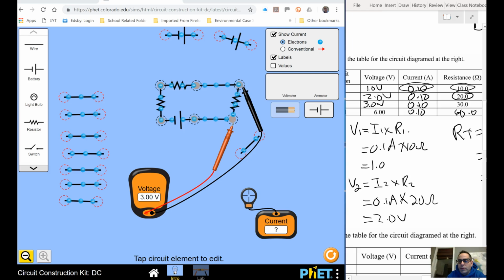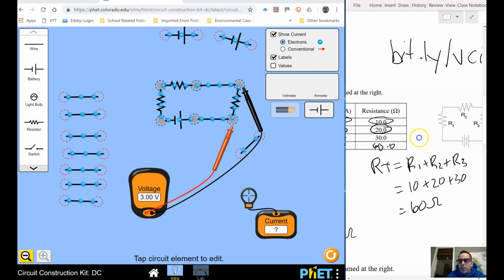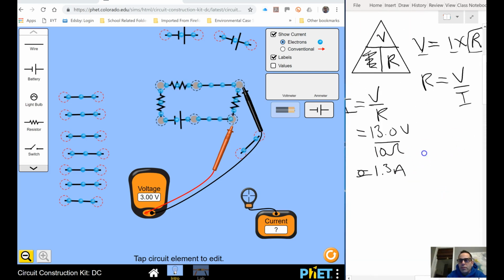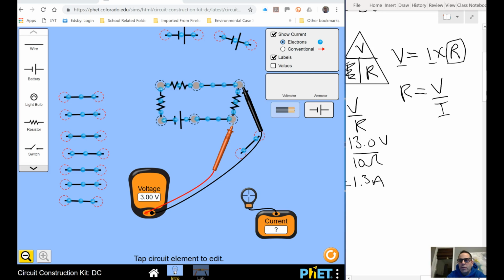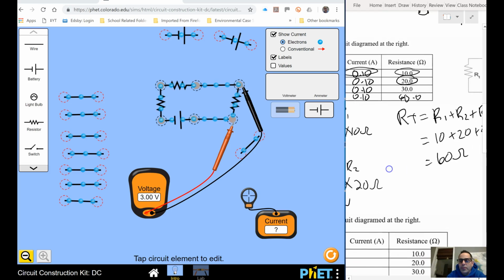And if I want to determine what the total resistance should be, remember from up here, we found that we can find resistance by taking the total voltage drop and dividing it by the total current. So RT is equal to VT over IT.